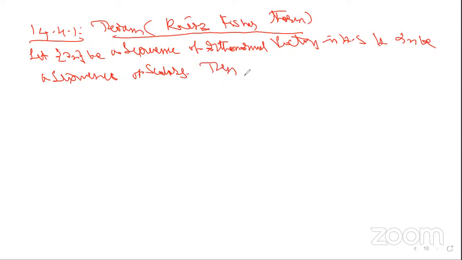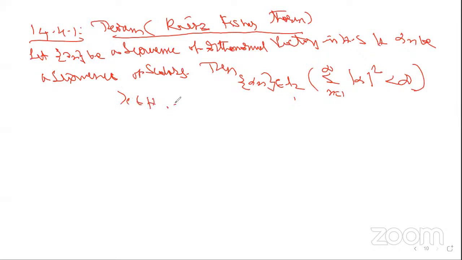Then alpha n belongs to l2, that means the sum from n equal to 1 to infinity of mod alpha n whole square is less than infinity, if and only if there is a vector small x belonging to capital X such that the inner product of x comma xn equals alpha n for all n. So, proof.